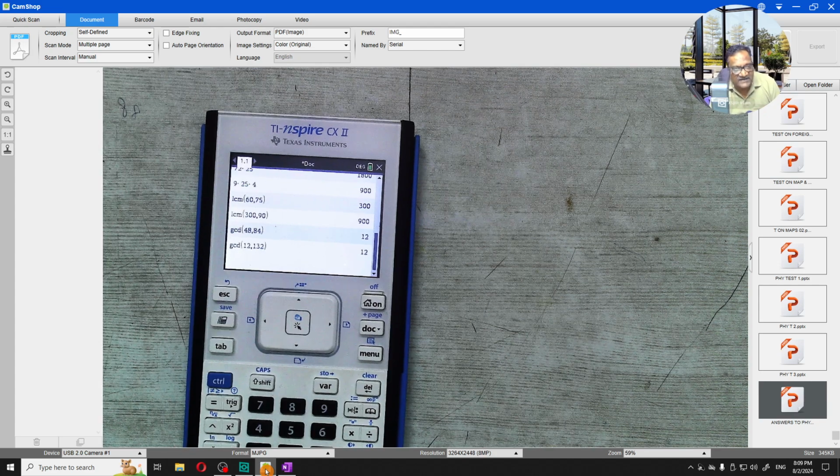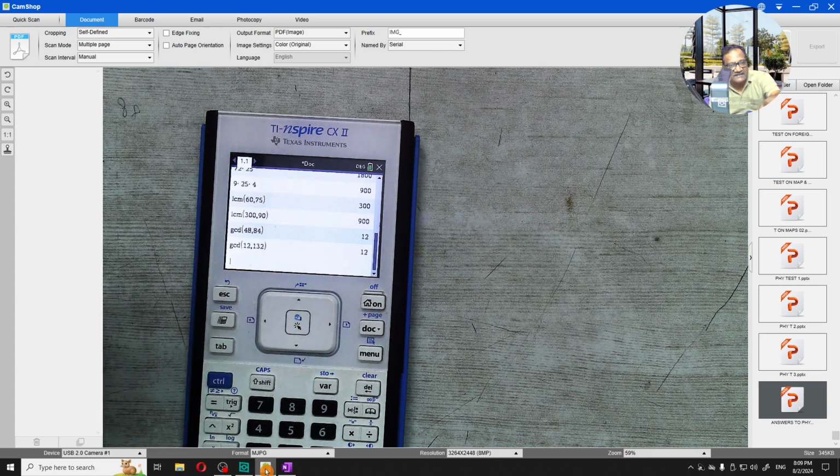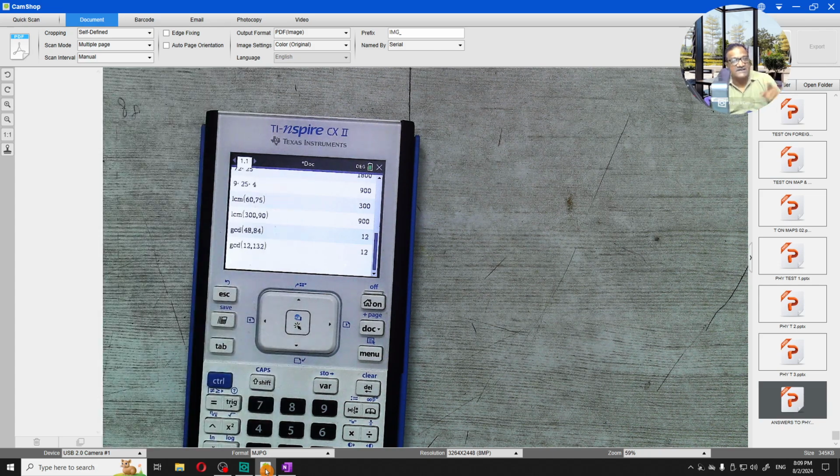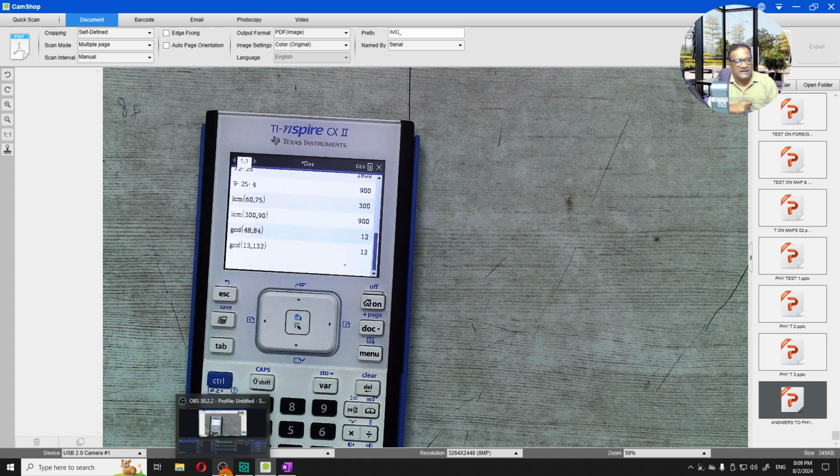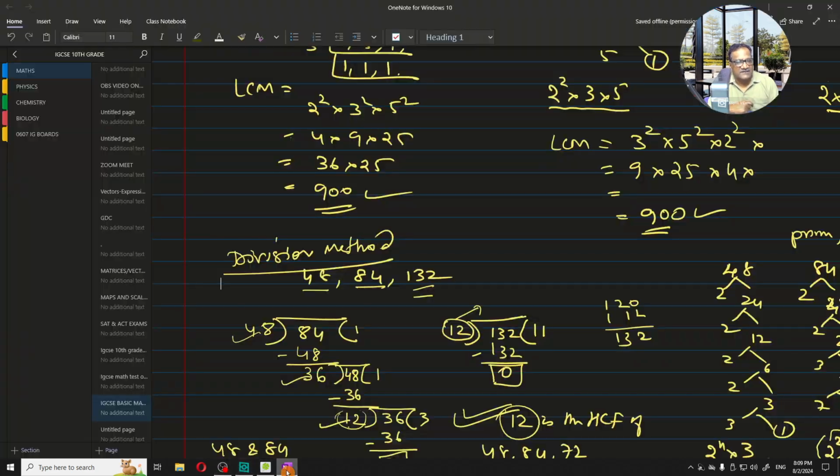So this final answer 12 is the GCD of all the three numbers, that is 48, 84 and 132. So this is the method of finding the GCD or the HCF of three numbers using your graphic calculator. Fine.